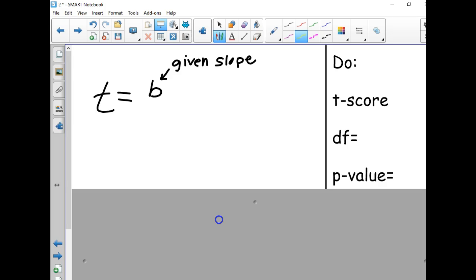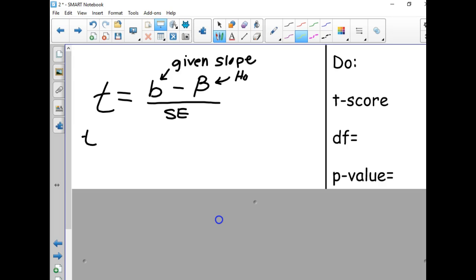What is the mean? What is the parameter now? That's our beta. This always comes from the null hypothesis, divided by our standard deviation or standard error, which is on the computer output.